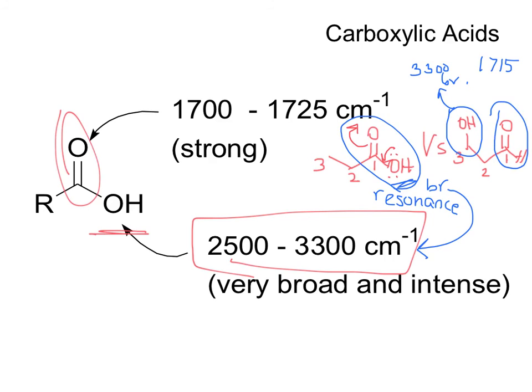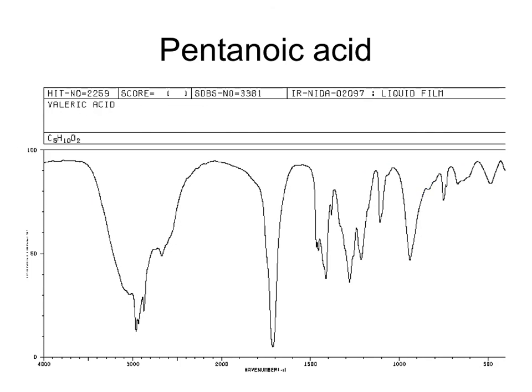On the other hand, carboxylic acids, because they are right next to the C double bond O, actually show up much earlier as compared to the alcohols. Let's take a look at pentanoic acid.